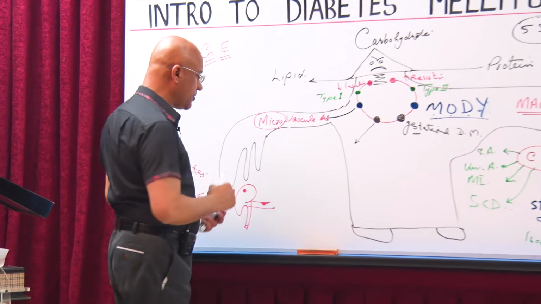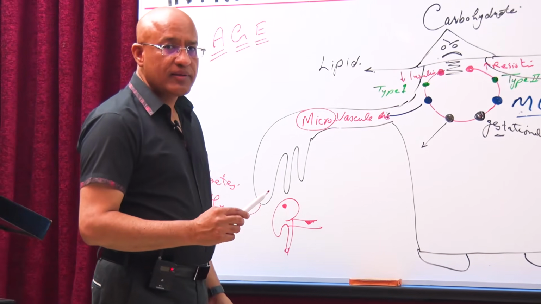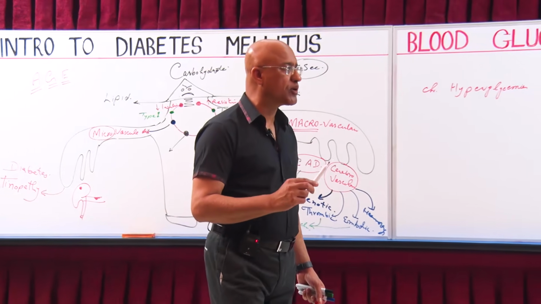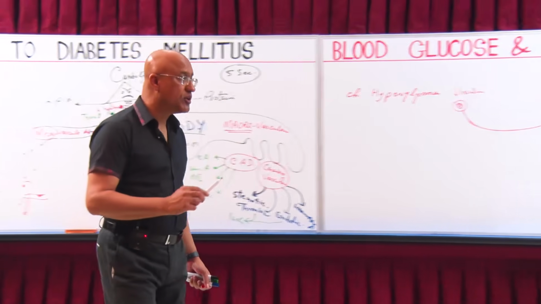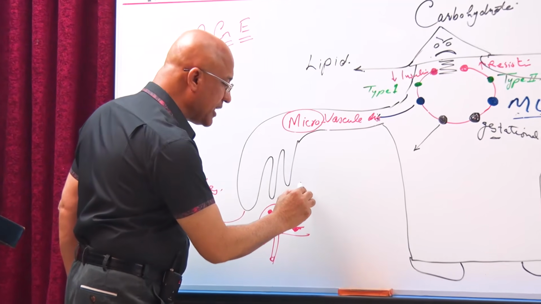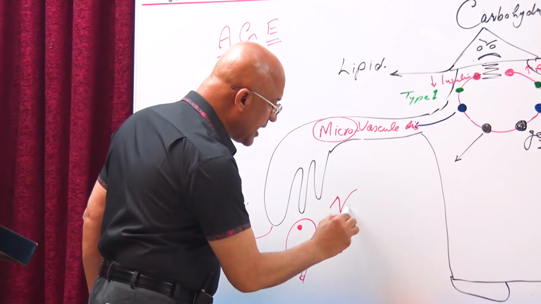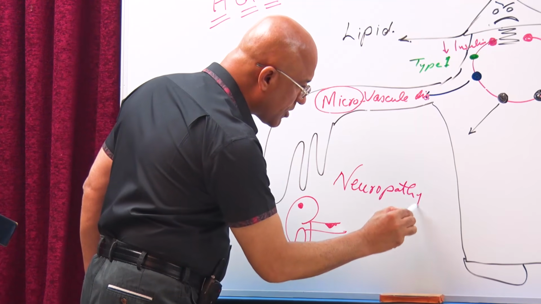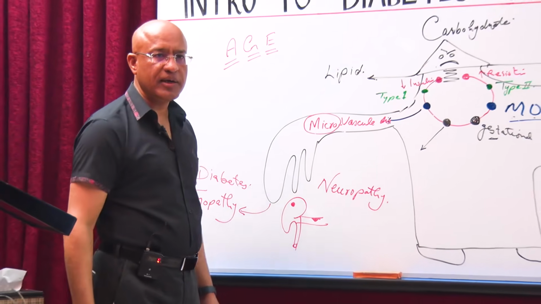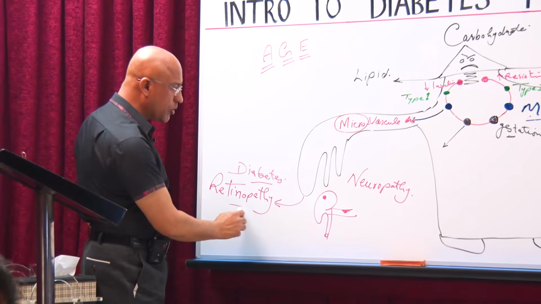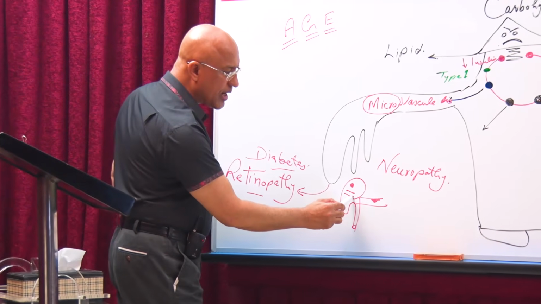Then we come to another tissue which loves to have microvascular disease, that is your nerve neurons. We call it diabetic neuropathy. What is it? Diabetic neuropathy. So we have talked about diabetic retinopathy, diabetic nephropathy.